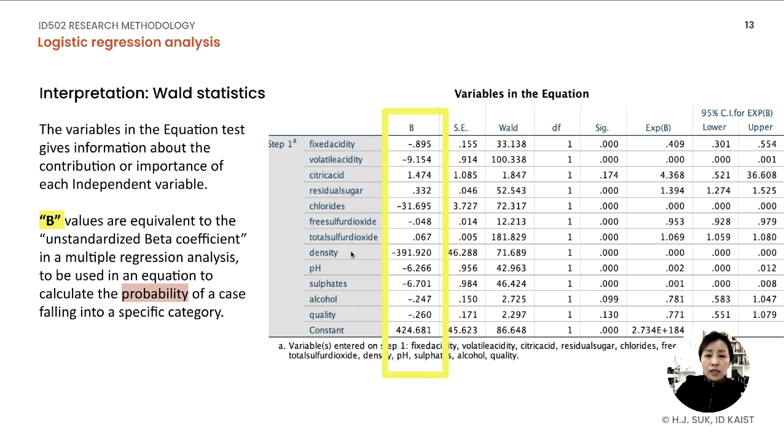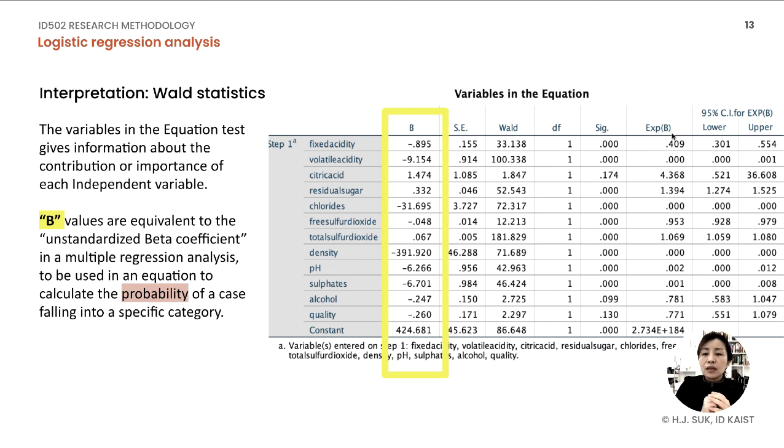But here this beta value is used a slightly different way. So before we go to the making of the equation, firstly, what you need to see here is the significance value of the independent variables, and here quality and citric acid are not statistically influencing the estimation of the red or white wines.